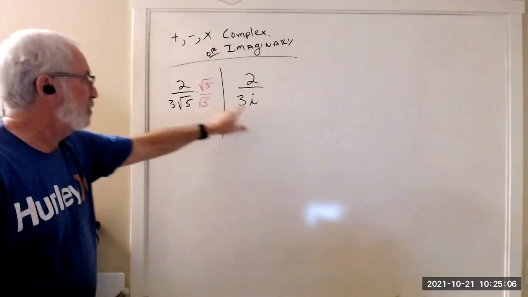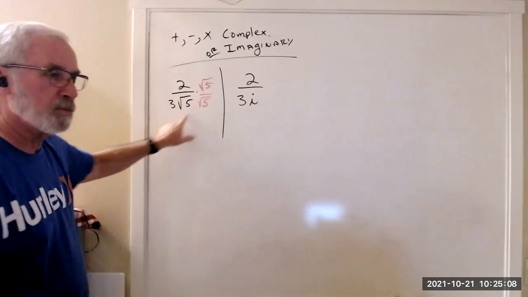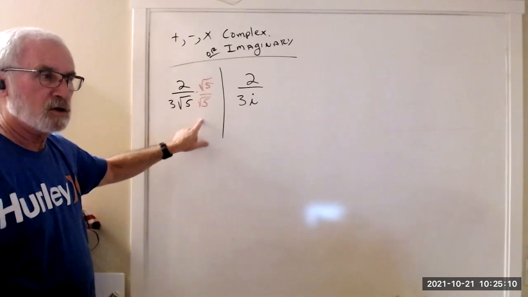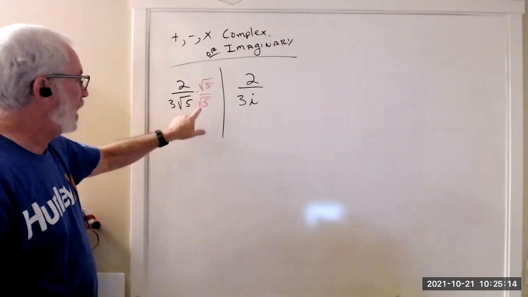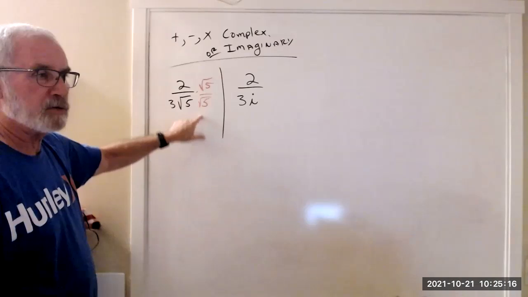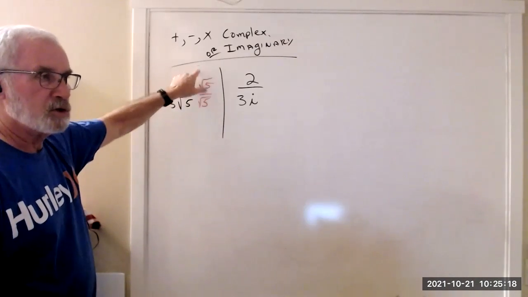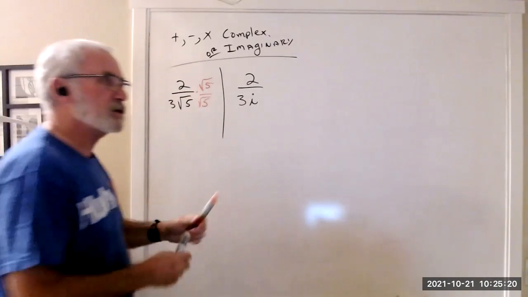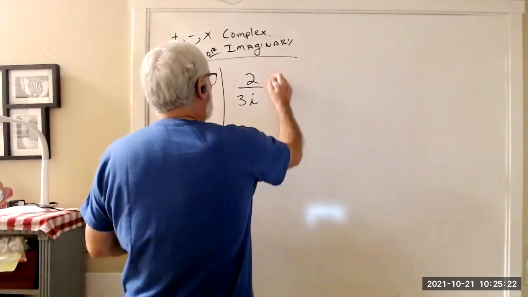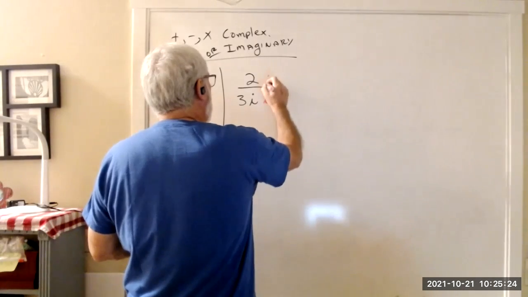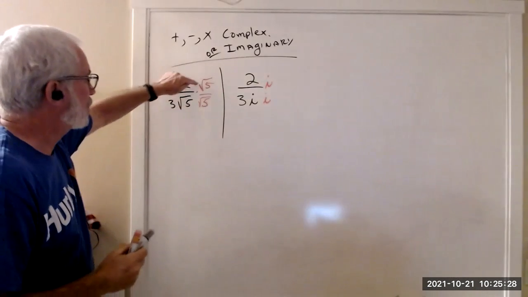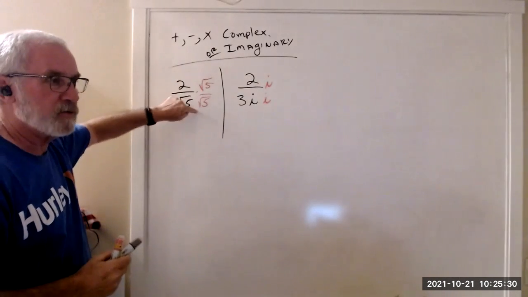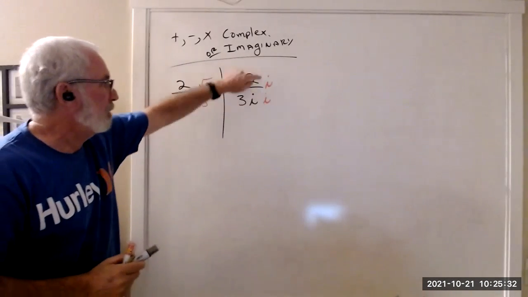Well, compare these two fractions. When the denominator was a monomial, I used the square root of 5, a monomial, to fix it. I'm going to do the same thing here. I'm going to multiply top and bottom by i, just like here I multiply top and bottom by radical 5.